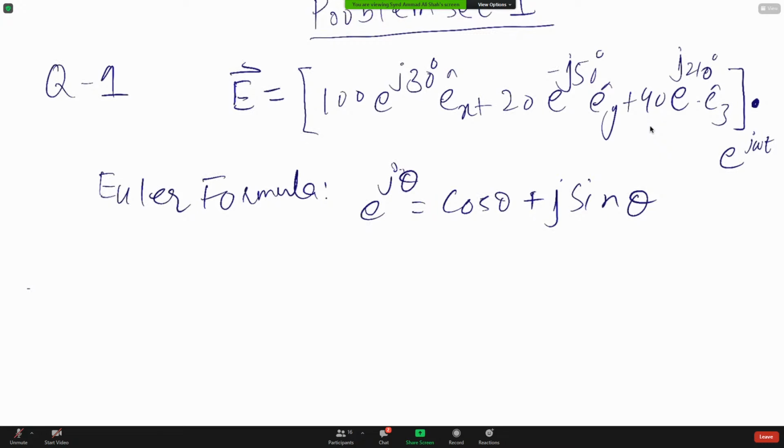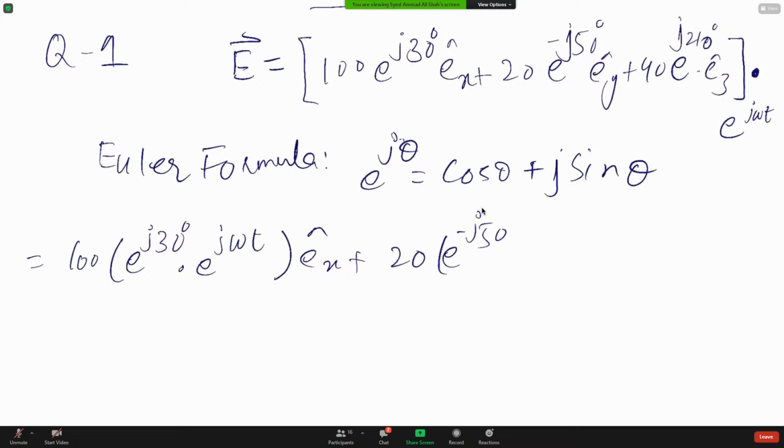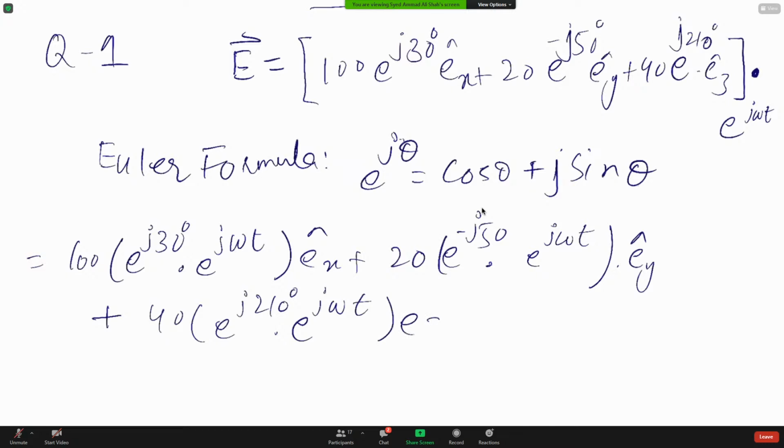So you will get 100 e raised to power j 30 degrees dot e raised to power j omega t Ex plus 20 e raised to power minus j 50 dot e raised to power j omega t Ey plus 40 e raised to power j 210 dot e raised to power j omega t Ez.